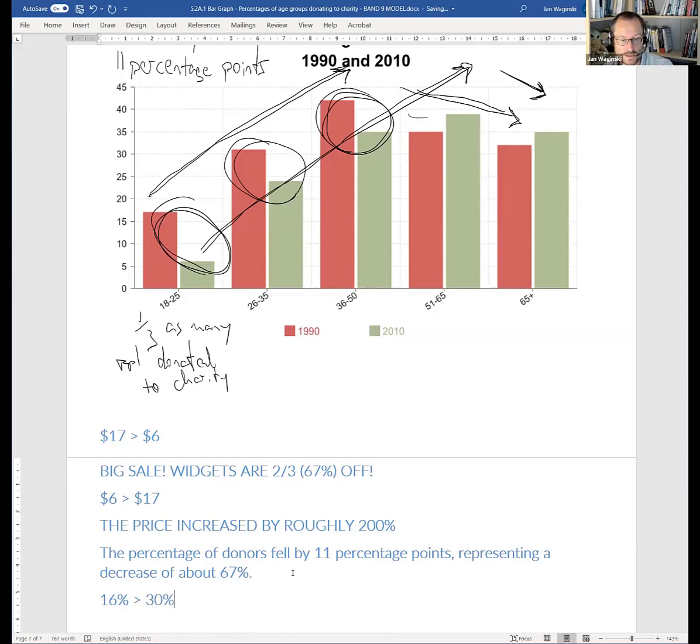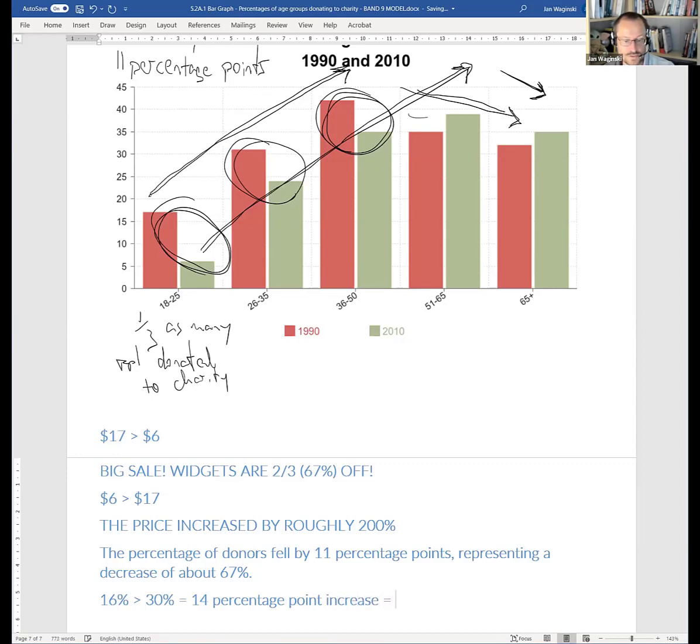Let's say the economy was doing really well. More people are giving money to charity. Let's say 1990, 16% of young adults are donating money. Now it's 30% of young adults. So this is what? 14 percentage, I'm not even going to put the percentage sign, percentage point increase, right?